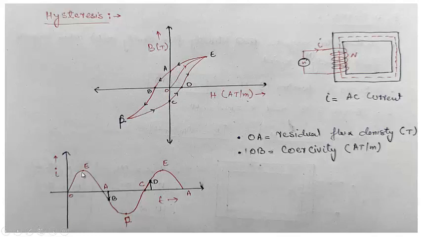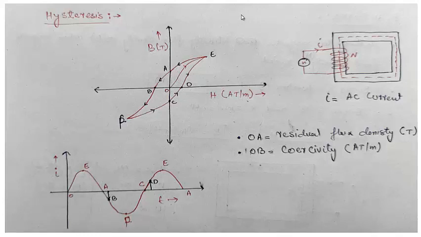After that, the current will decrease. This has to decrease, but due to the hysteresis property, that is, the magnetic dipole moments do not de-align because of the reducing field, they retain their alignment.